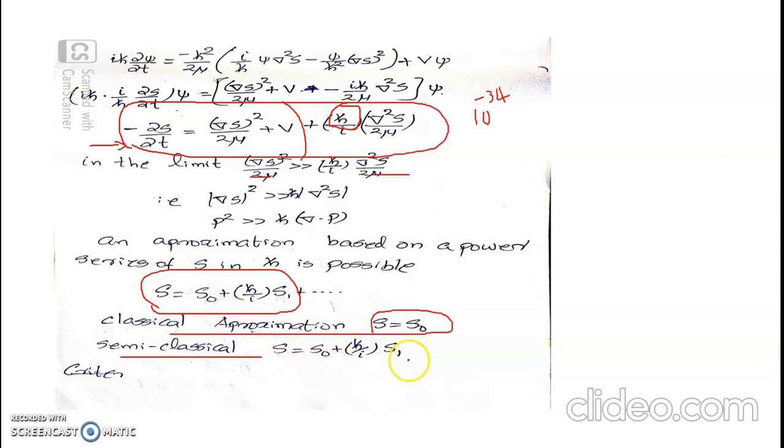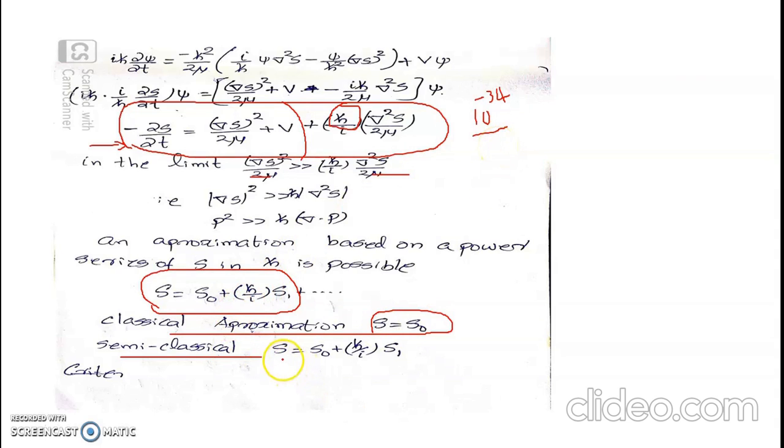And in the WKB approximation, we take the form of the quantum mechanical action as S0 plus (ħ/i)S1. So this is also an approximation. There are higher order terms, of course, but you know that ħ itself is a very meager quantity. Higher powers of ħ will be smaller again and again. ħ itself is of the order of 10⁻³⁴, so ħ² will be of the order of 10⁻⁶⁸, whose contribution will be definitely negligible.